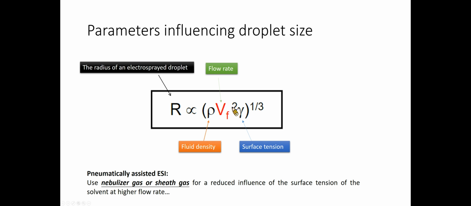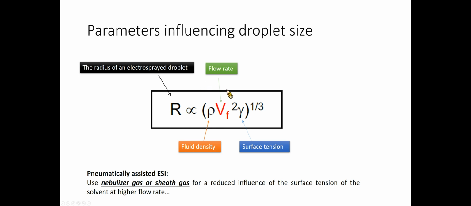The droplet size will affect the ionization efficiency. The radius of an electrosprayed droplet, R, depends upon the fluid density, flow rate (Vf), and surface tension. Higher flow rate results in larger initial droplet sizes.